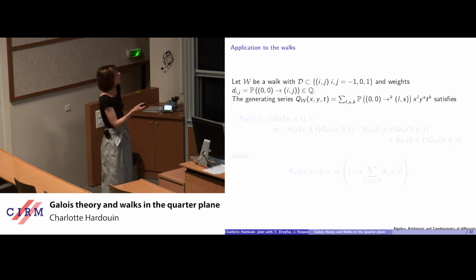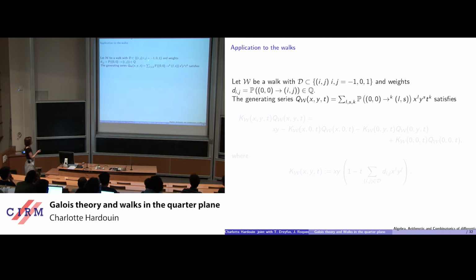You encode a walk with a set of directions, which is encoded as a pair of integers between -1 and 1. You can also choose to put weights on the directions; here you choose a probability to go in such and such direction.